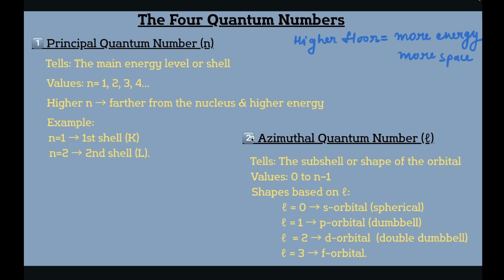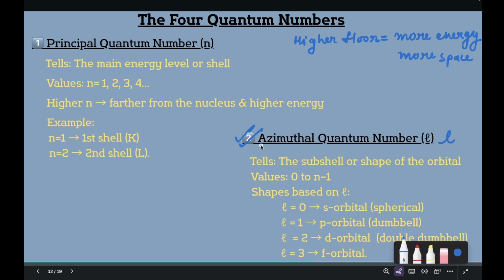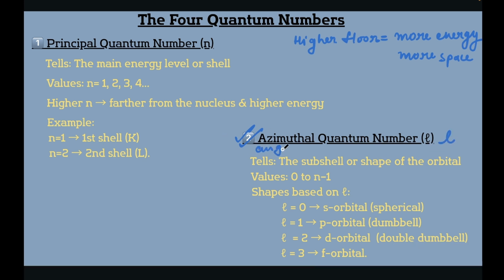Next is the azimuthal quantum number. It is also called the angular momentum quantum number, and it is denoted by l. It gives information about the subshell and the shape of the orbital.